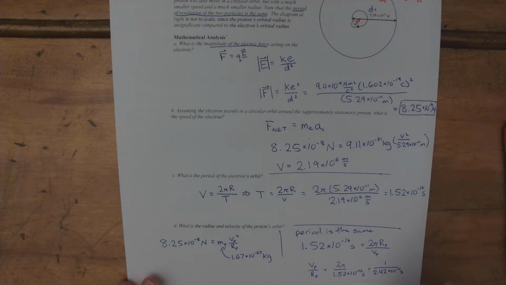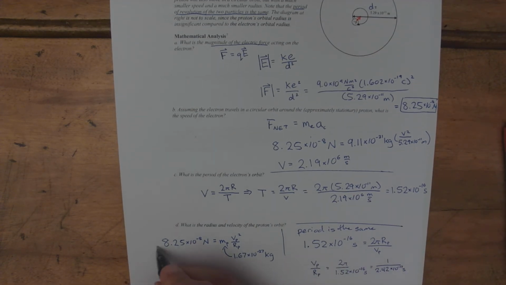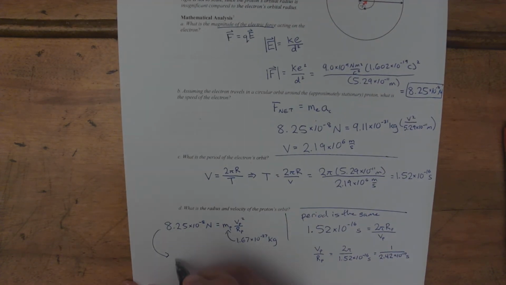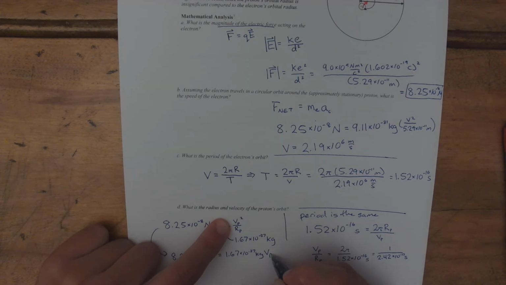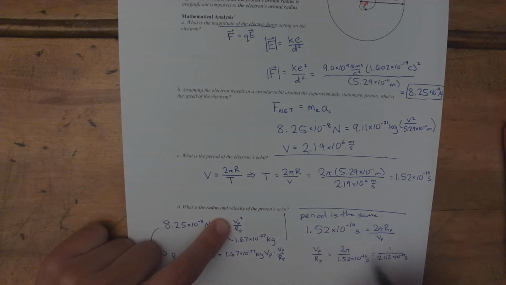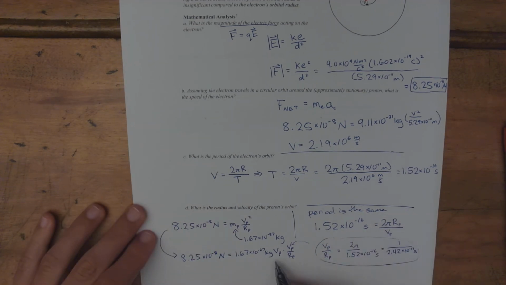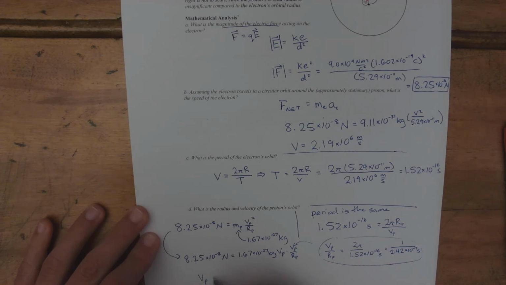Okay, and then what we're going to do here is say this is equal to 8.25 times 10 to the negative 8th newtons, 1.67 times 10 to the negative 27 kilograms, times, I only have one v here, so I'm going to say this is the velocity times the velocity divided by the radius. Then I can put this in here and solve for the velocity.